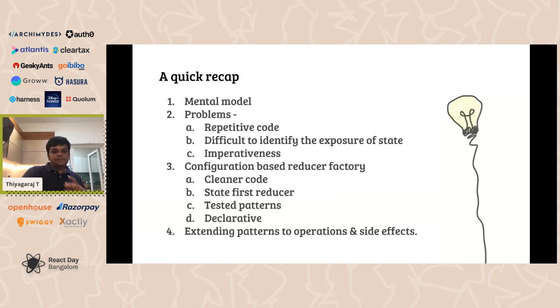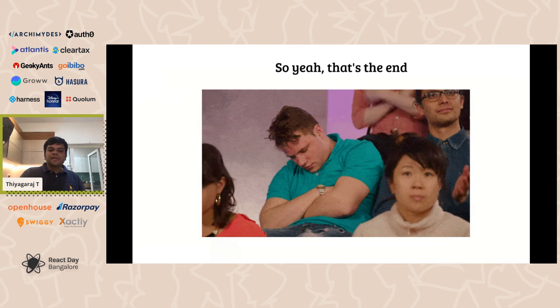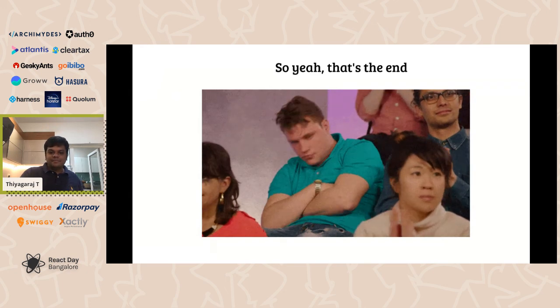You don't need to test all the time at a reducer level, but at a pattern level, and it's very declarative. We also saw that these patterns can be extended to operations and side effects. So yeah, that's the end.